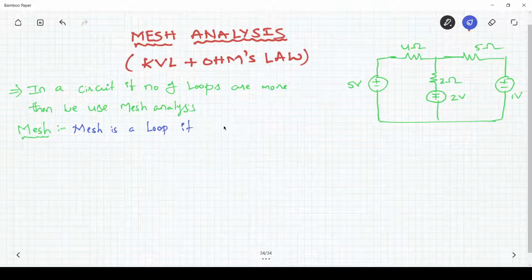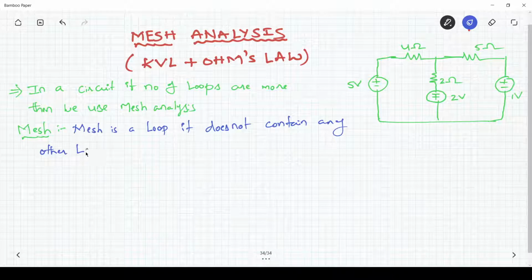It does not contain any other loops in it. Loop means a closed path. This is the definition of mesh. Mesh is a loop. It does not contain any other loops in it. This is the exact definition of mesh.